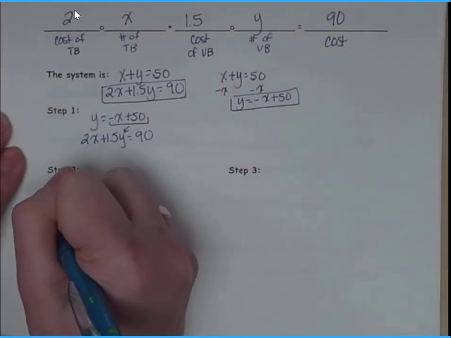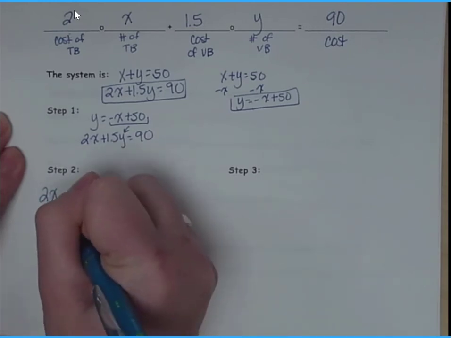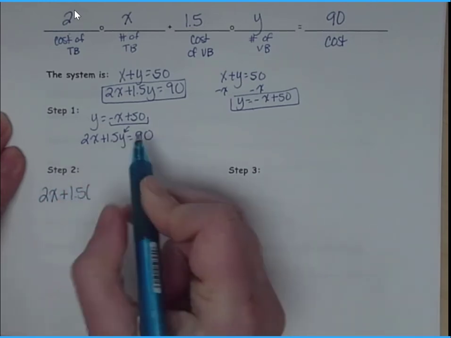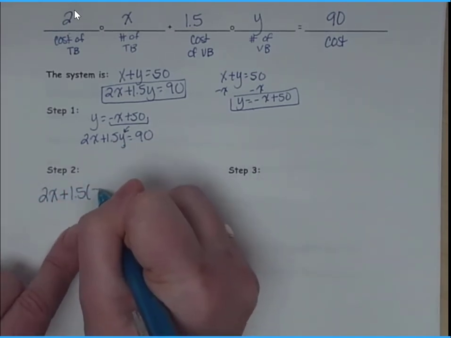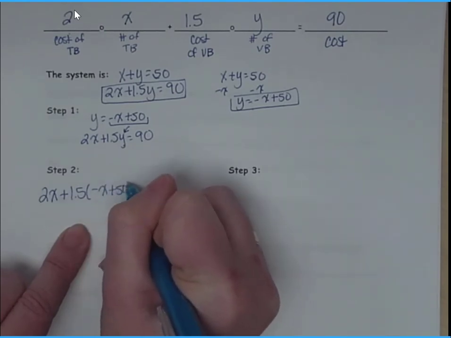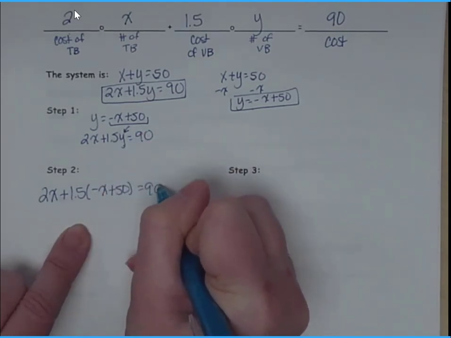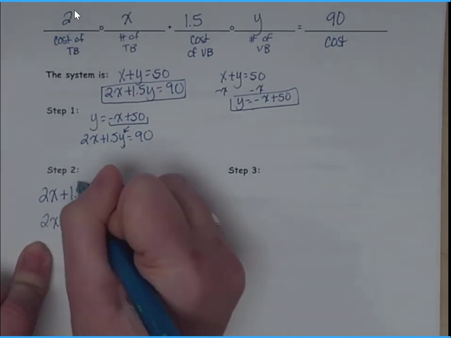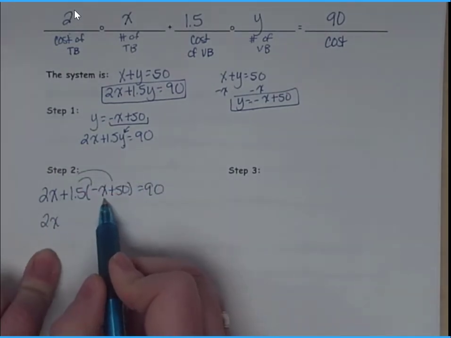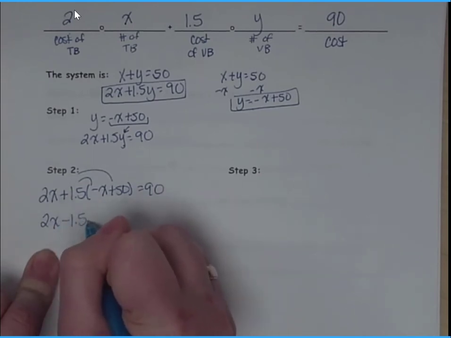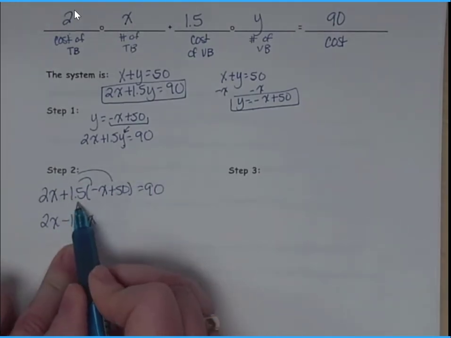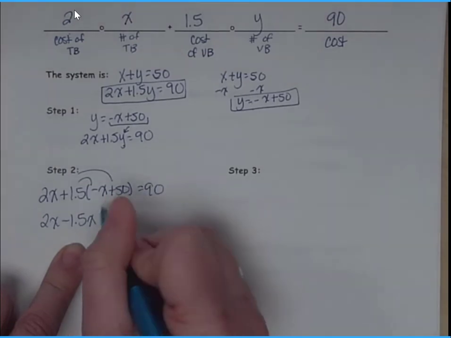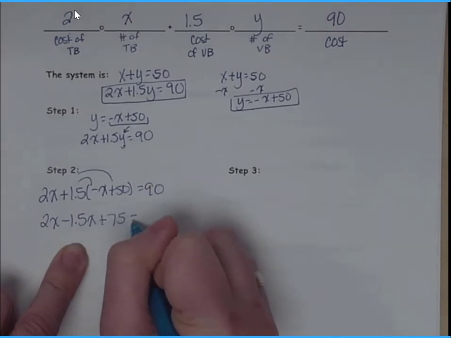So I have 2x plus 1 and 5/10, but instead of y, I'm going to use negative x plus 50 equals 90. So I have 2x. I'm going to distribute. So 1 and 5/10 times negative x is negative 1 and 5/10 x. 1 and 5/10 times 50 gives me 75.